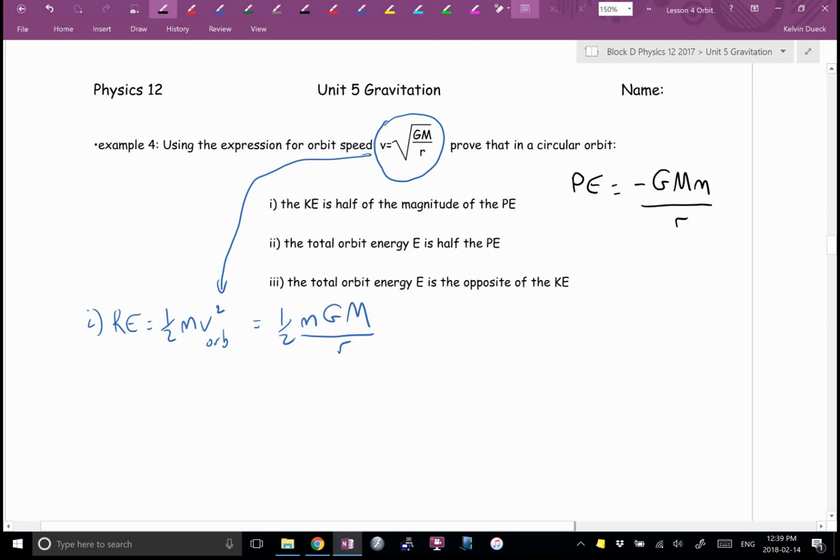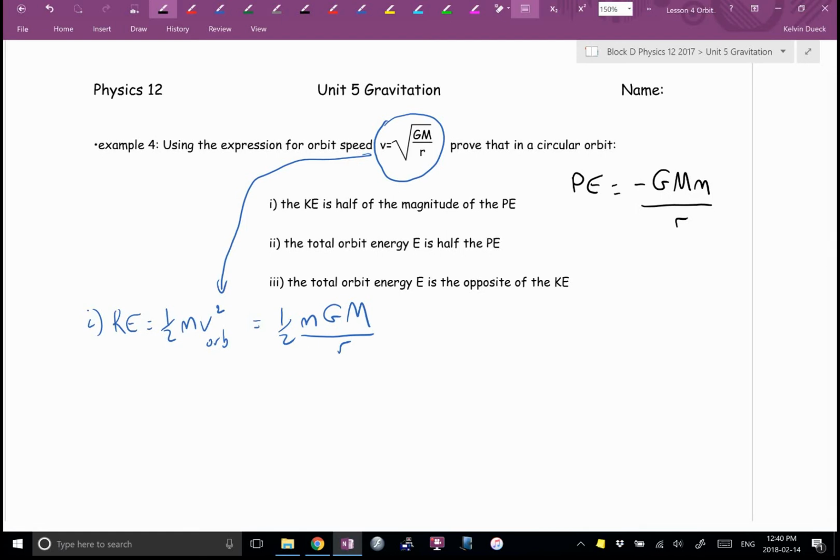I want you to notice the expression I got for kinetic energy once I'm in orbit and compare it to that. Ignore the negative. That's why I said magnitude. Isn't this big G, big M, little m over R, but half as big? You want to know how much kinetic energy you have in orbit? If you know the potential energy that you have in orbit, ditch the negative and divide by 2. That's how much kinetic energy you have in orbit.